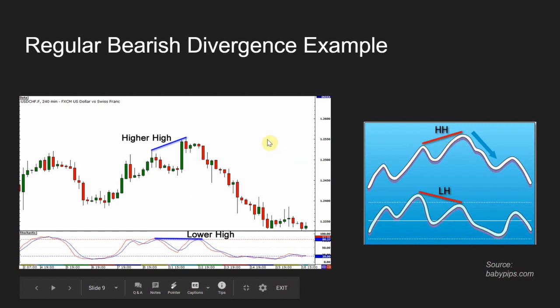And again, as you can see here, price then in this instance sells off and creates a downtrend. So again, I really hope that makes sense in terms of regular bullish divergence and regular bearish divergence.